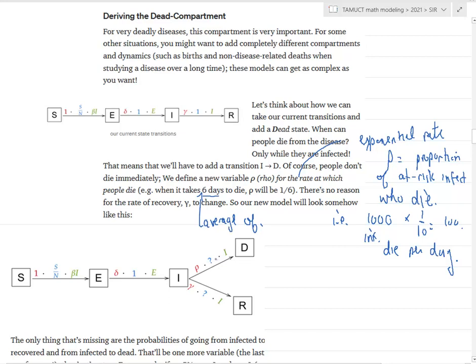And of those people who are at risk of dying, which is some proportion of the infected, then we'll have a proportion of those who actually die. All right, so we have to have some other proportion here. And if you have some proportion here, you're going to have 1 minus that same proportion here. Because these people are the at risk, and these people would be the not at risk.